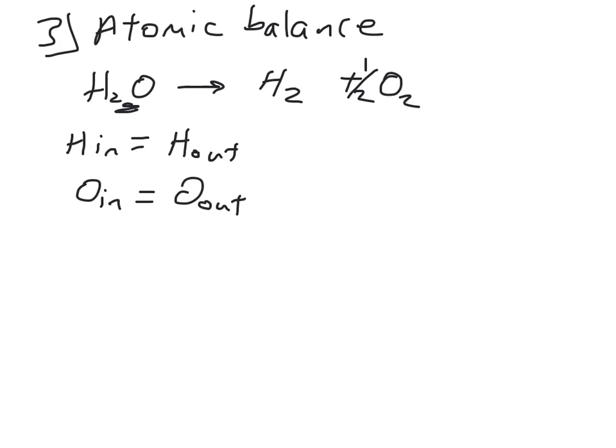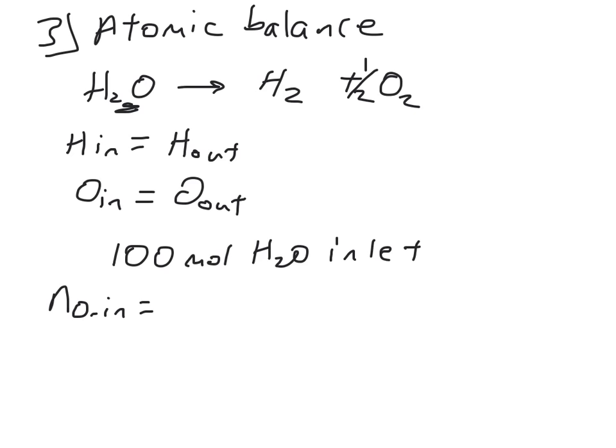And we can use material balances or set up our balances on atoms. So for instance, let's just assume we have 100 moles of H2O inlet. So the number of moles of oxygen coming into the system, we're going to write this as N_O in is equal to 100 moles H2O, that's what's coming in.